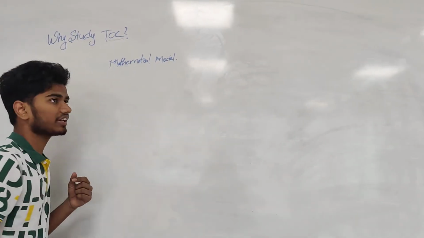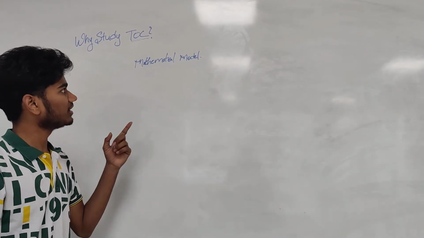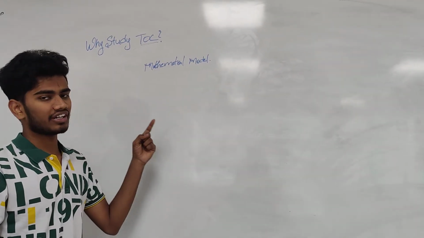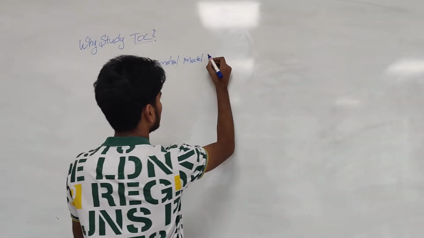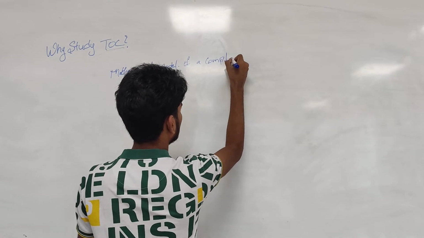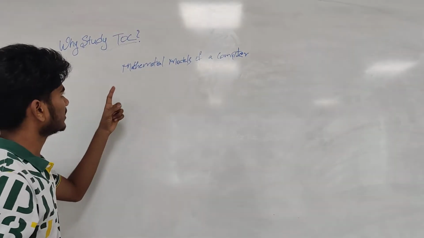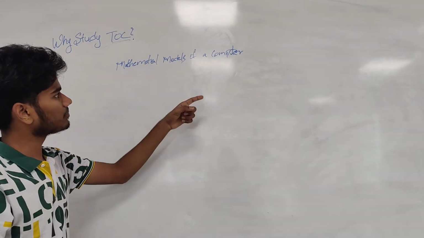The most important aspect of TOC is to provide a mathematical model of the computer for various different tasks. So TOC provides the mathematical models of a computer.